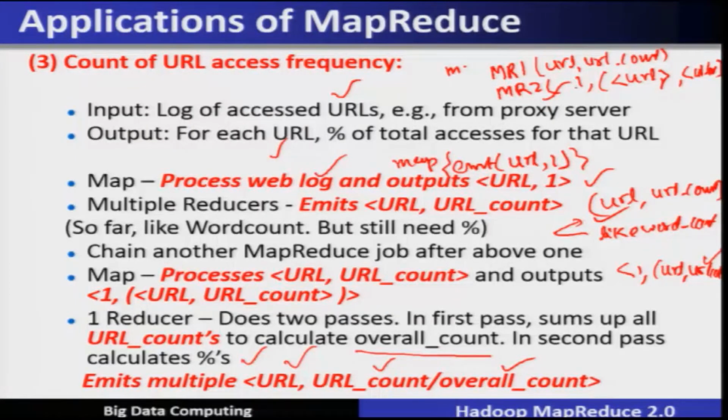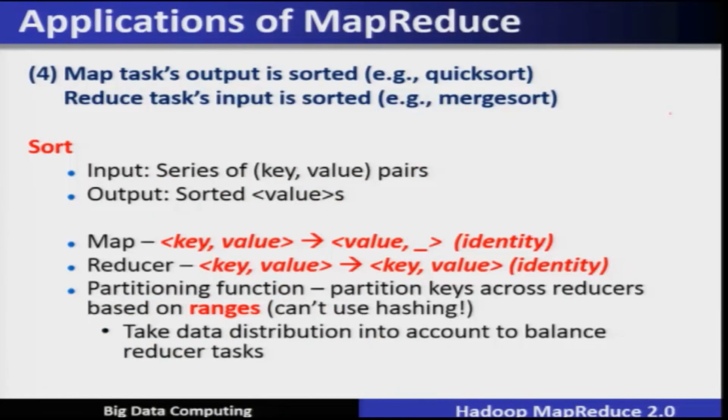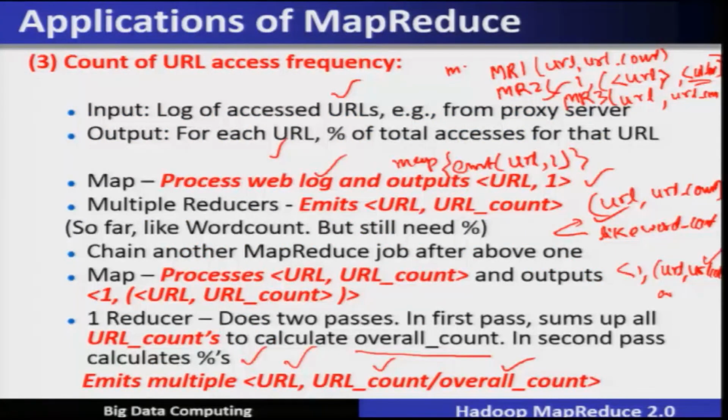Then there is a third MapReduce which will calculate the sum and emit the URL and URL count divided by overall count. Just see that this is a chain of MapReduce functions required to solve this problem.